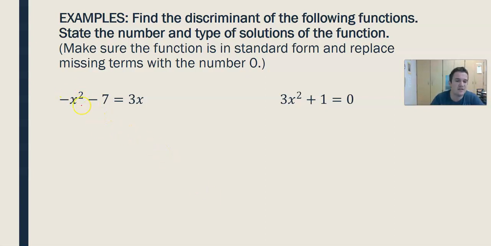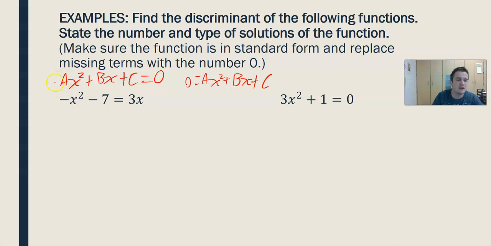So I have negative x squared minus 7 equals 3x. So I need to get this in the form ax squared plus bx plus c equals 0. Or I can put it in the form 0 equals ax squared plus bx plus c. It doesn't matter, they're equivalent.